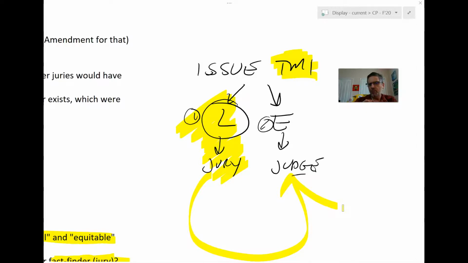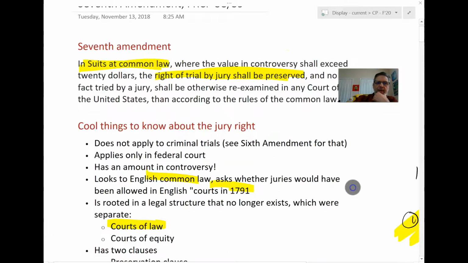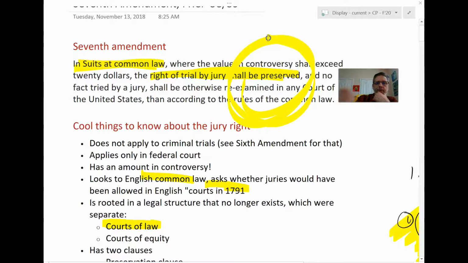Okay? So that's one of the ways courts have tried to deal with the merger of law and equity: when issues overlap, when they're common between issues of law and issues of equity, when an issue is relevant to both giving money and to giving an injunction, then normally speaking, the jury will decide those issues first, and then the judge is bound by the jury finding, and that way we help to preserve the jury right.